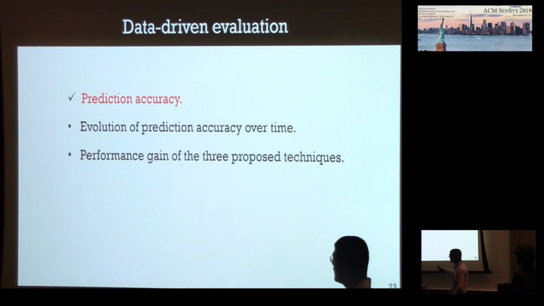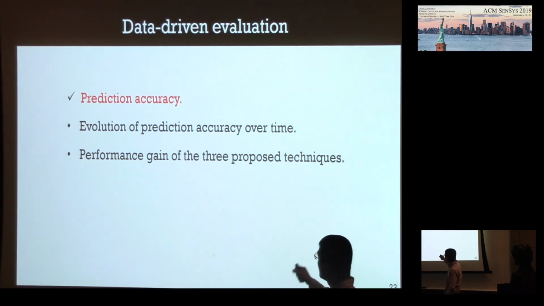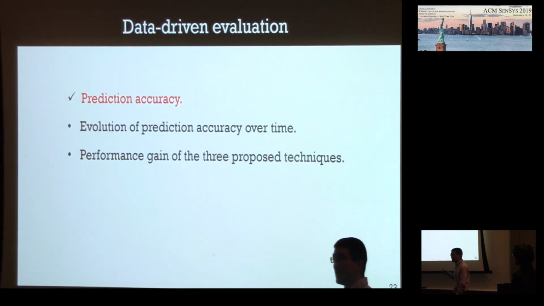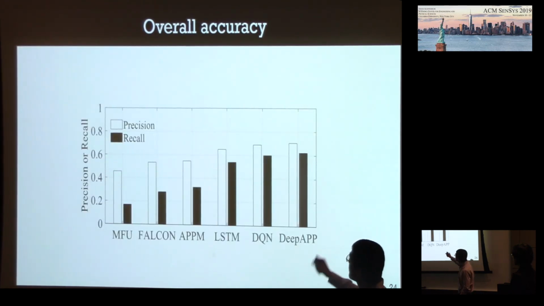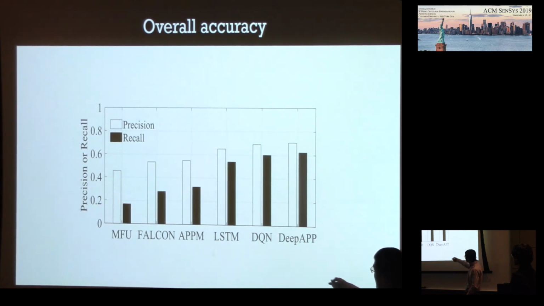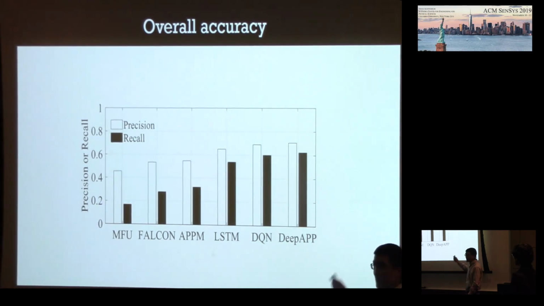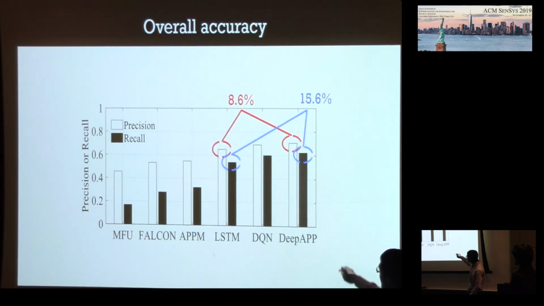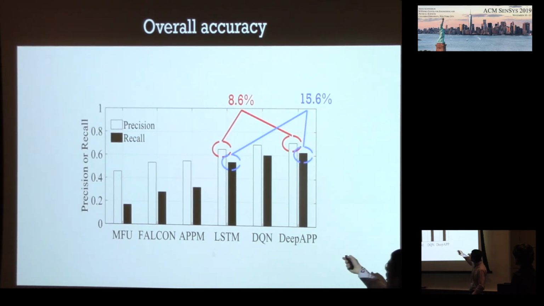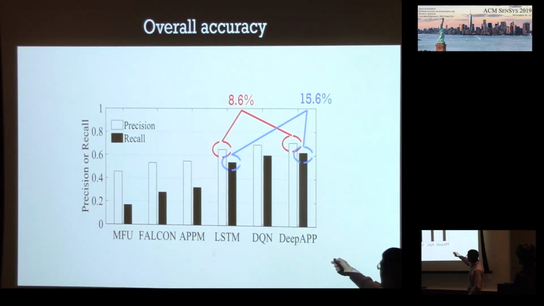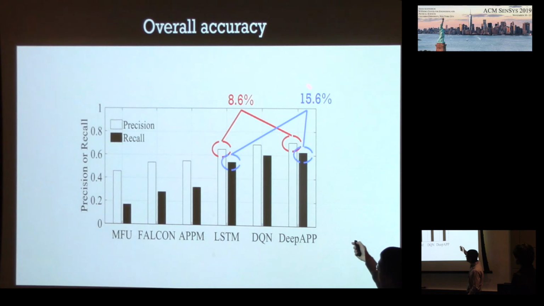And we also evaluate the performance gain of the 3 proposed techniques separately. Here I just show the overall accuracy. Compared with the previous work, the latest work published last year, our system can improve the precision and recall of the application prediction by more than 8% and 15%.